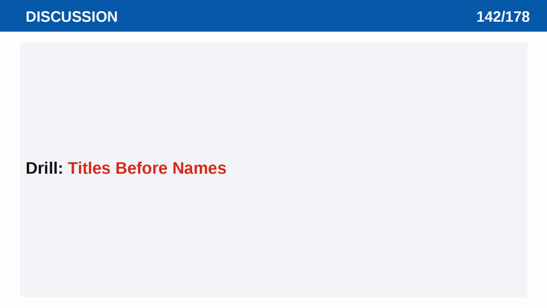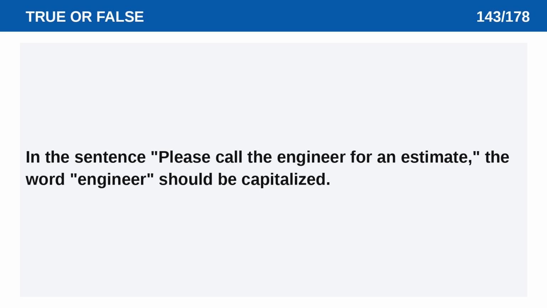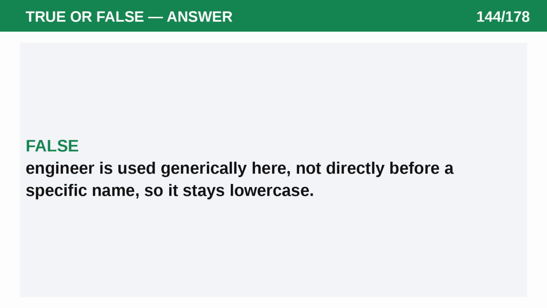Let's drill titles before names again, since the on its own versus before a name distinction trips people up. In the sentence, please call the engineer for an estimate, the word engineer should be capitalized. That's false.